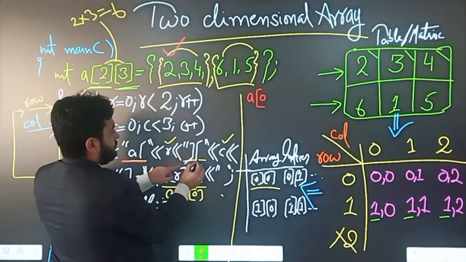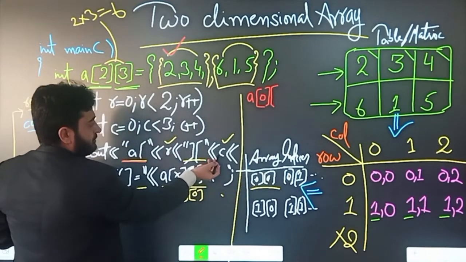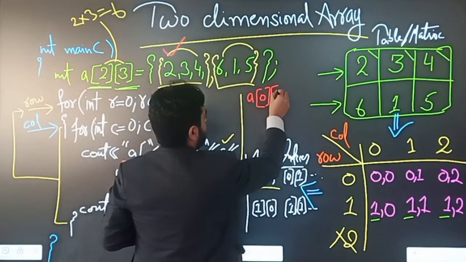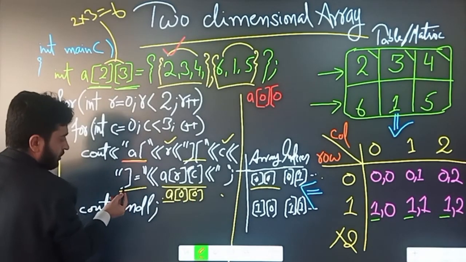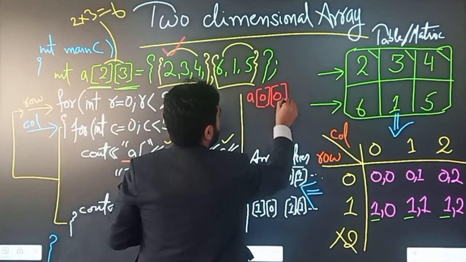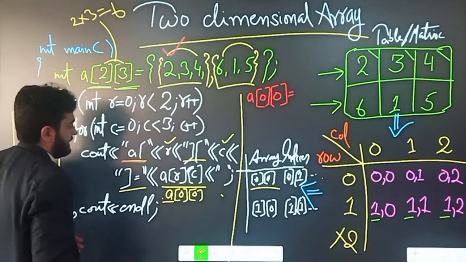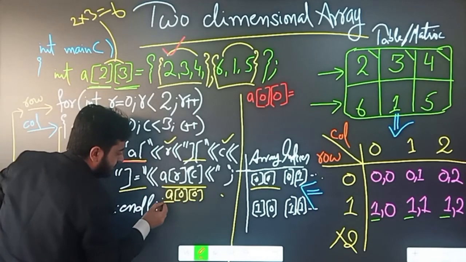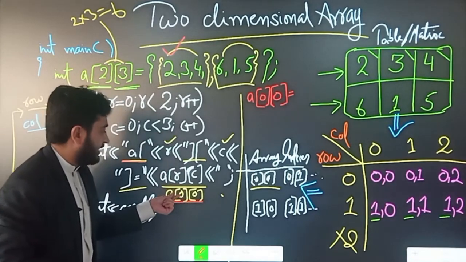Then we are printing the square brackets, the closing and the opening. Then we are printing the value of c. So in the first iteration the value of c is 0. Then we are printing the closing square bracket and the assignment operator inside the double quotes. So it will be printed as it is. And then we are printing the value inside the two-dimension array, which is on the index 0 and 0.